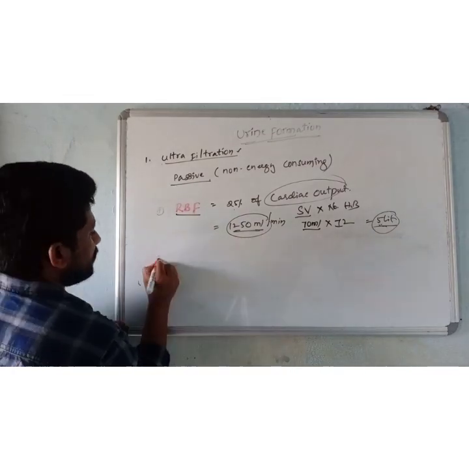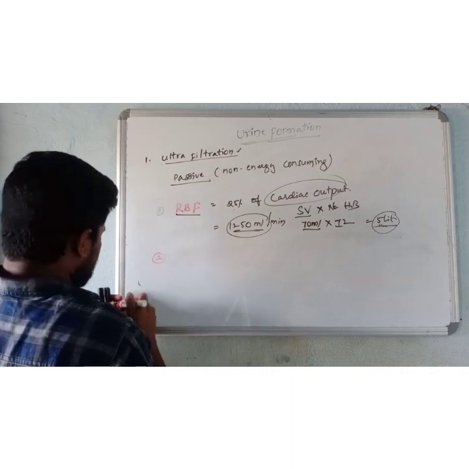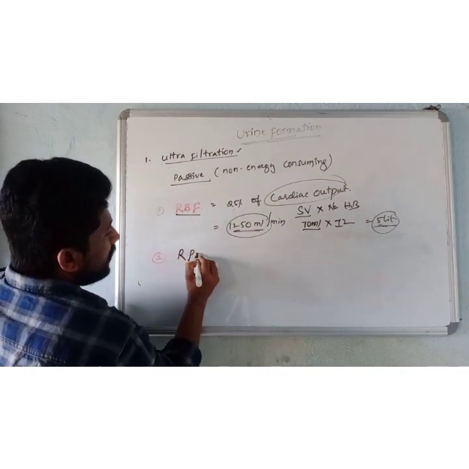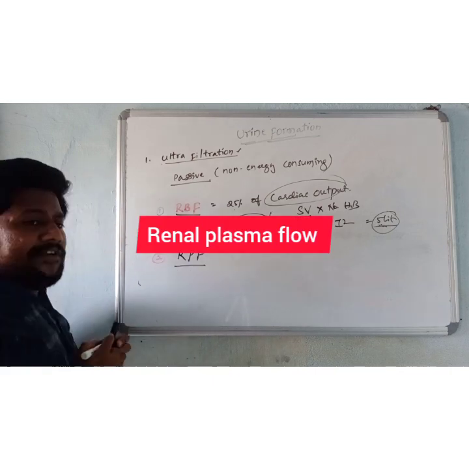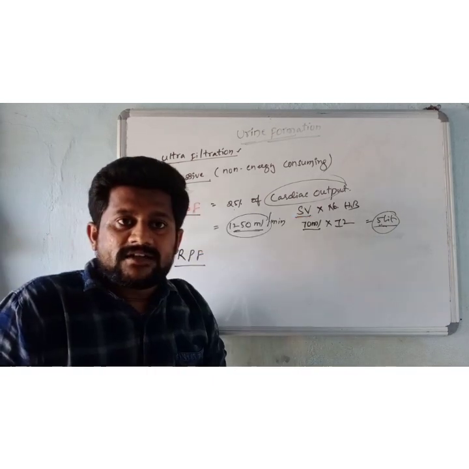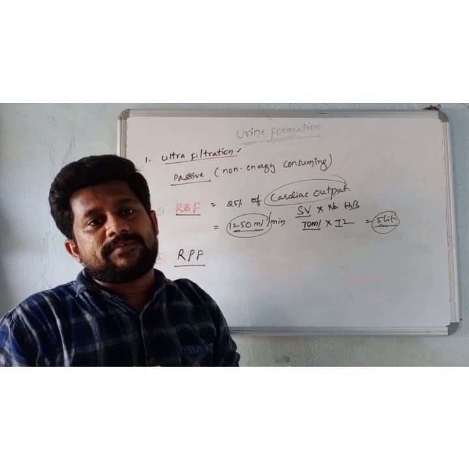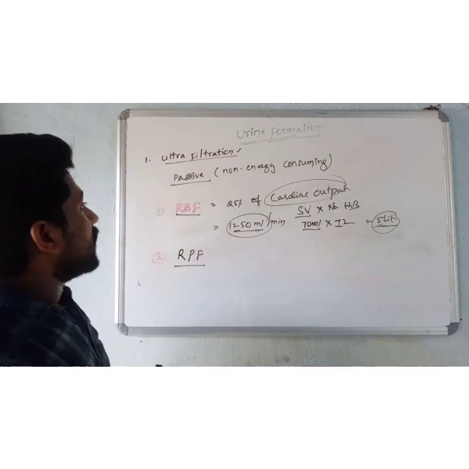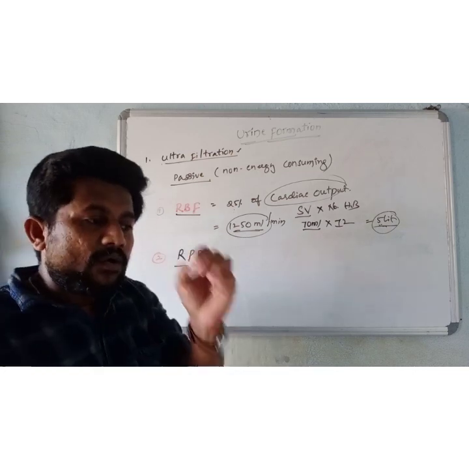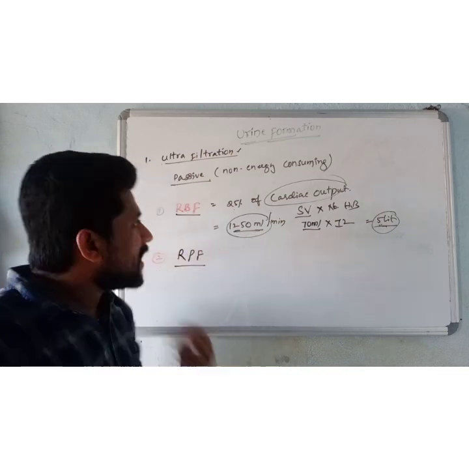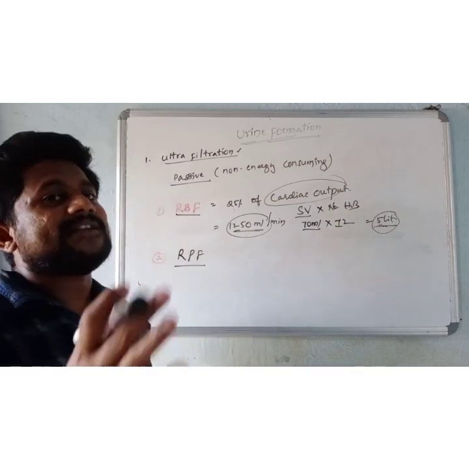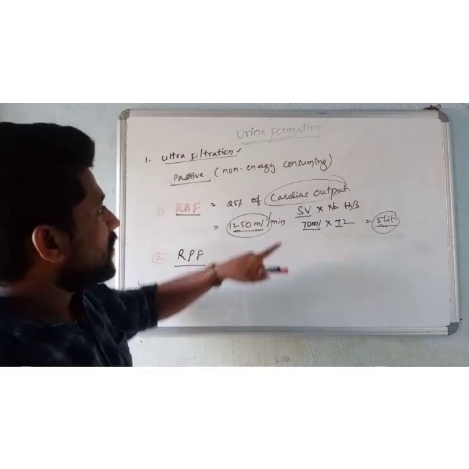And the next one, renal plasma flow. We know that our blood consists of 45% blood cells and 55% plasma. Only the 55% plasma is responsible for the filtration, because blood cells cannot be filtered by our glomerulus.